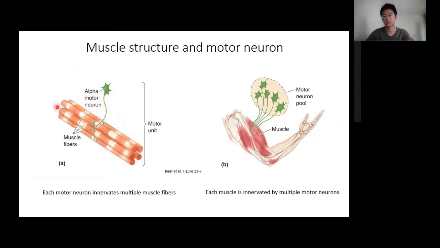This constitutes the minimum unit of movement production, called a motor unit. And on the right side, each muscle can be innervated by multiple alpha motor neurons, and these motor neurons form the motor neuron pool. So this is the basic structure of muscle and motor neurons.